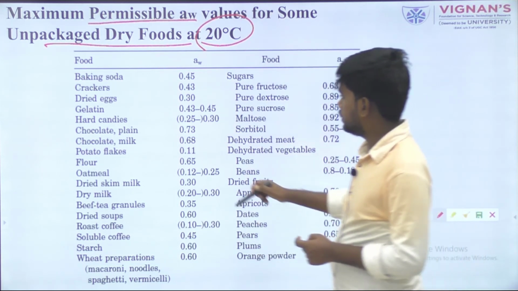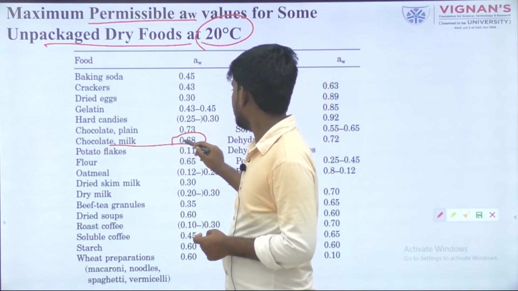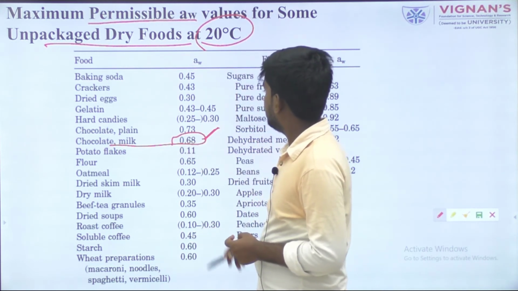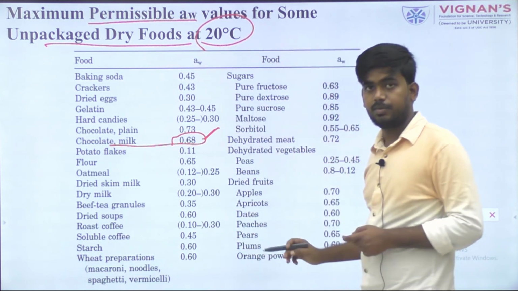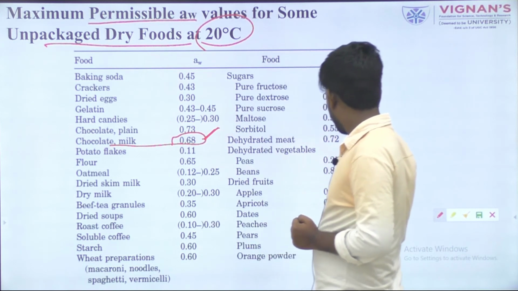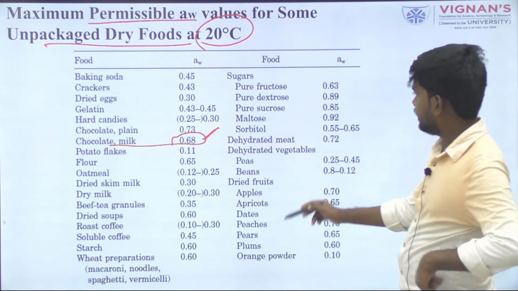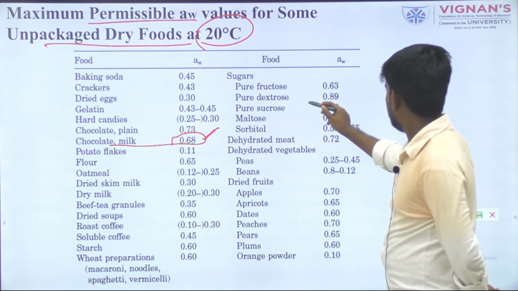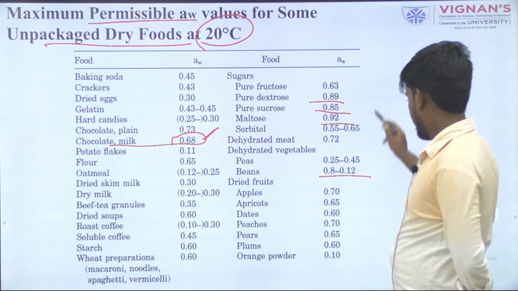One thing you see: for chocolate milk, for example, 0.68 is the maximum permissible water activity value at 20 degrees Celsius, and you see the majority of water activity values are lower, except this 0.8.